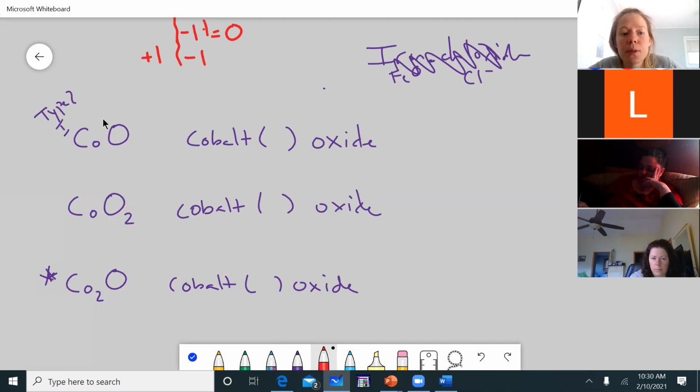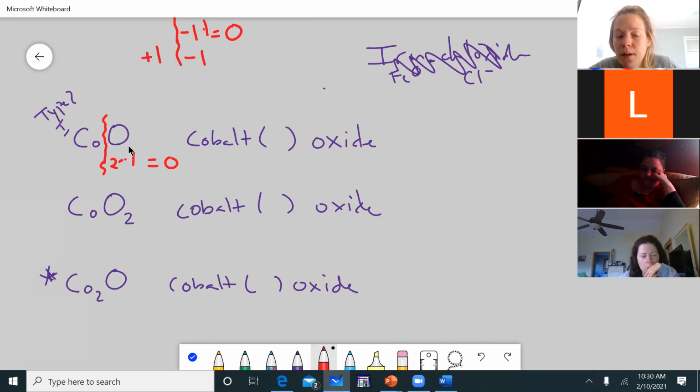All right, so this first one, I'm going to put a little squiggly line between. I know this whole thing needs to equal 0. So what is the charge of oxygen? Always. Oxygen is in column 6. It should always have a 2- charge. In this case, how many of them do I have? I have 1.